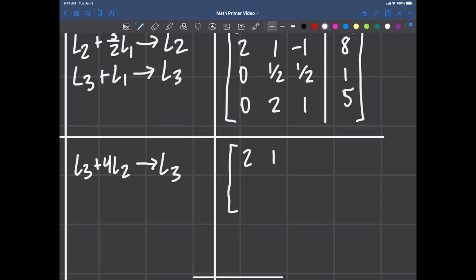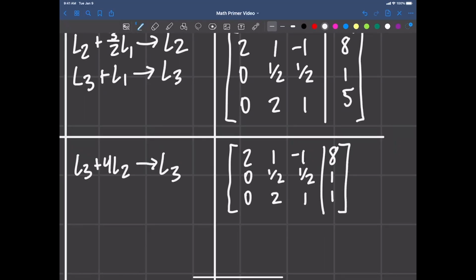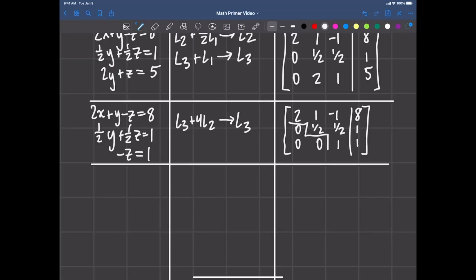Now we have 2, 1, negative 1, 0, 1/2, 1/2, and 0, 2, 1. And on this side, we have 8, 1, and 1. Now this matrix is in row echelon form with the staircase pattern and these zeros below the staircase.